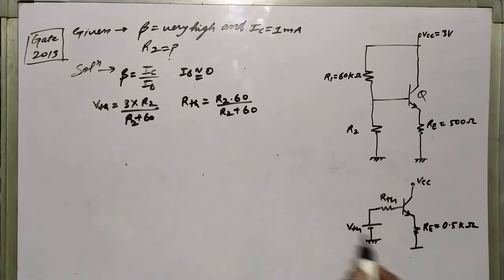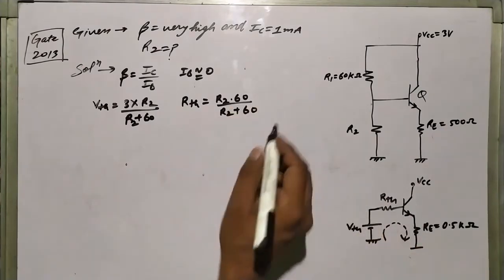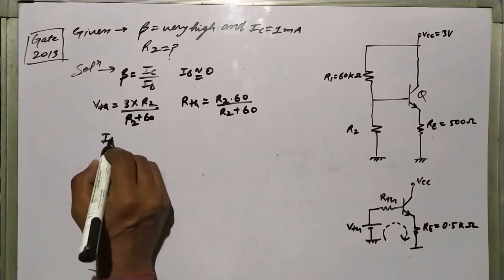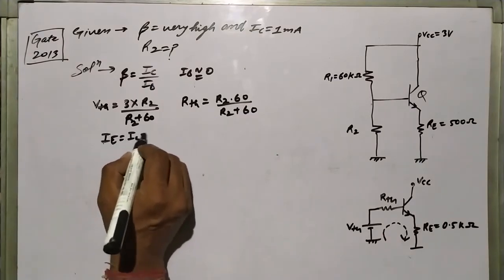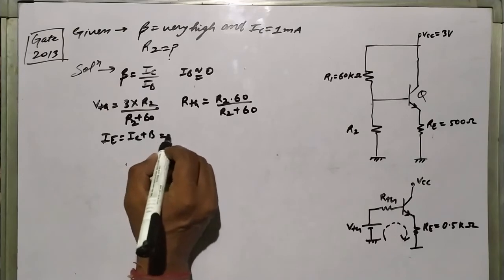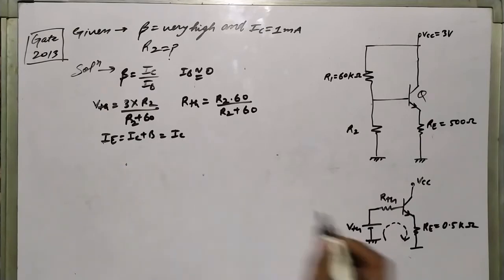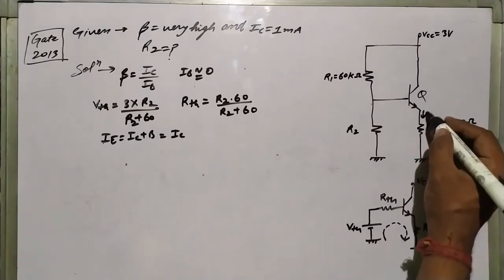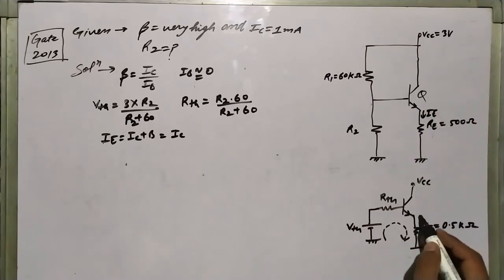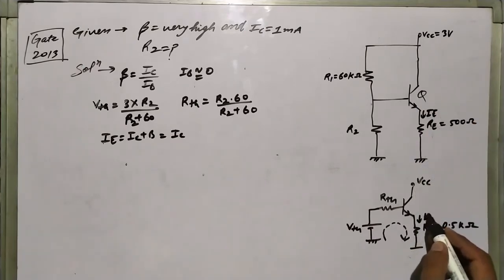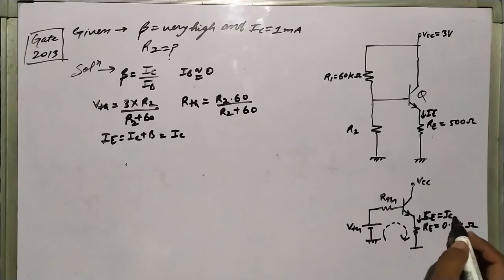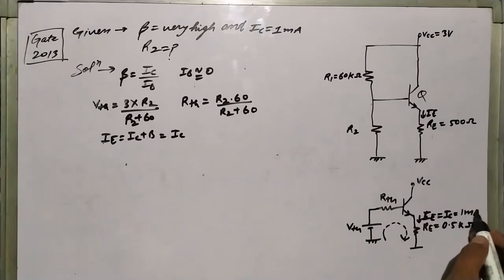If I apply the KVL on this side, what is my IE? IE equals IC plus IB. Since IB equals 0, IE equals IC. IC is given as 1 milliampere.